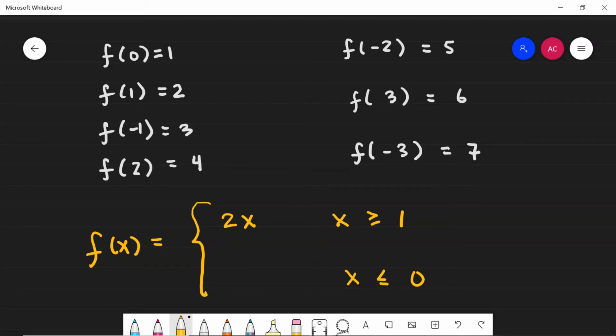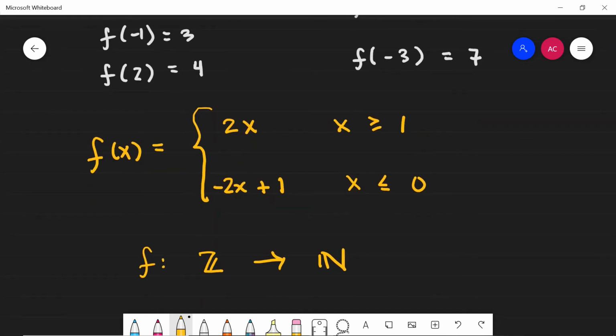But then if x was negative 2, I see the pattern now. You take twice negative x, so I do negative 2x and then I add 1. Yeah, I add 1. Now this works when x is 0, because if x is 0, then I get 1. Okay, so this is my bijection.